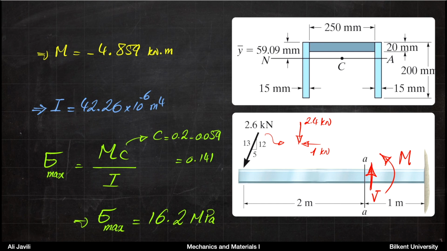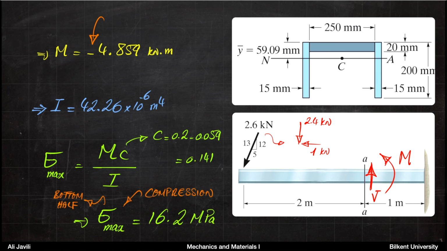So this is the answer, but I just want you to pay attention again that if you want to know whether this is a compressive stress or not, you can now look back at the sign of the moment or the convention that you used here. And from that, you can see that this is actually a compressive stress.